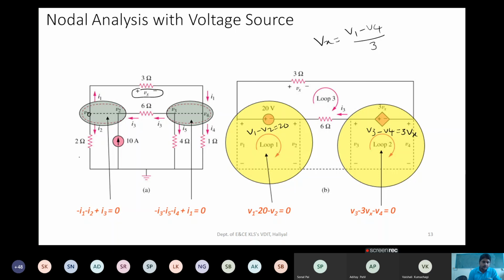And I2 is V1 divided by 2. And I3? Look into the direction. I3 is flowing from V3 to V2, so it will be V3 minus V2 divided by 6. Like that you have to define. First get familiar with the equations and circuit. Finalizing the equations and solving them in the calculator is a different part. Don't just read the problems, solve them.